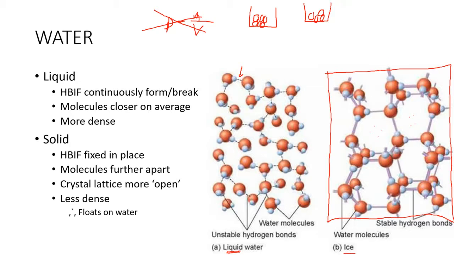So maybe now you get a better idea why ice floats. And again, this is just as important a point as hydrogen bonding, because without the simple fact that ice floats, life as we know it would not exist. If you know how life formed on Earth, or how it might exist on other planets, if ice didn't float, take fish for instance, then lakes and oceans would freeze from the bottom up.